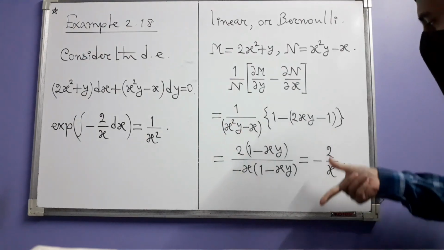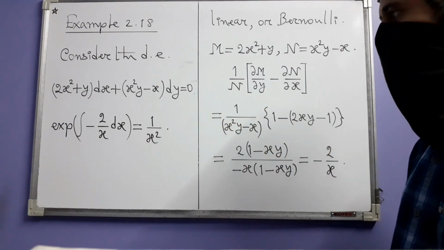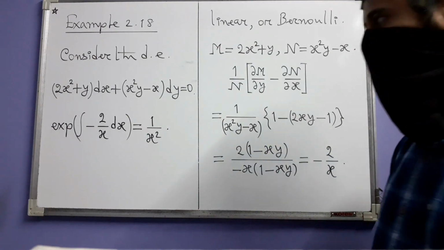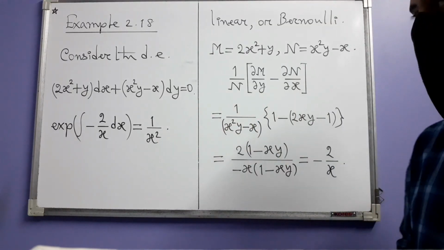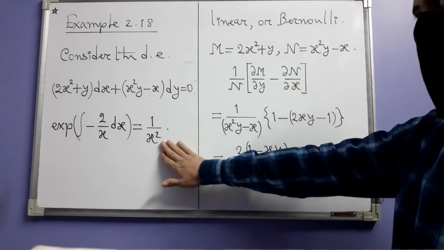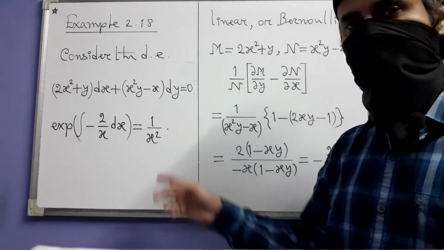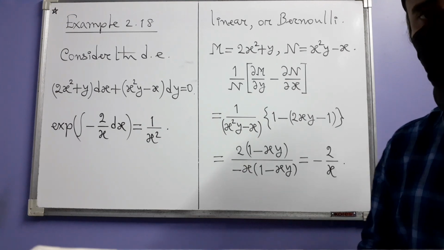That integrating factor is the exponent of the integral of this thing, minus 2 divided by x, with respect to x. Now if you do the calculation, I am not going through the calculation, you can do it yourself. You get 1 divided by x squared. So this is our integrating factor. Now we will multiply this equation on both sides by this, and that will turn it into an exact equation.